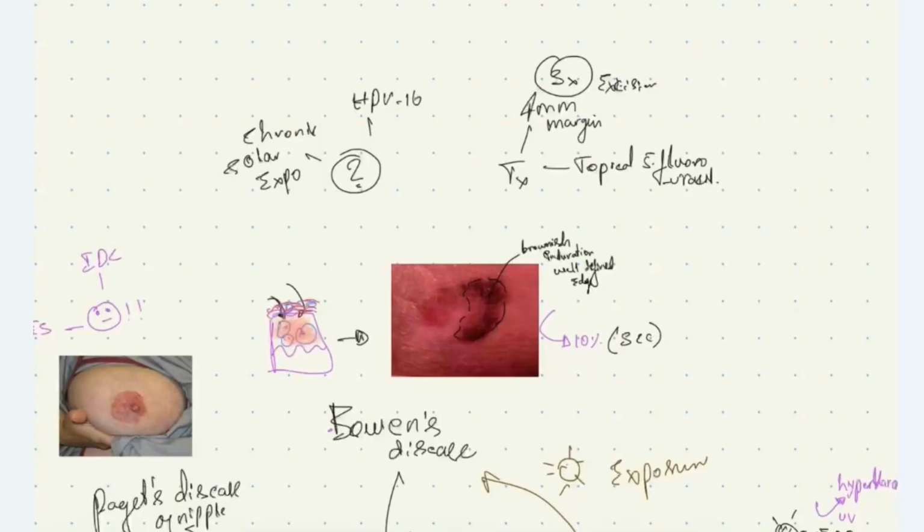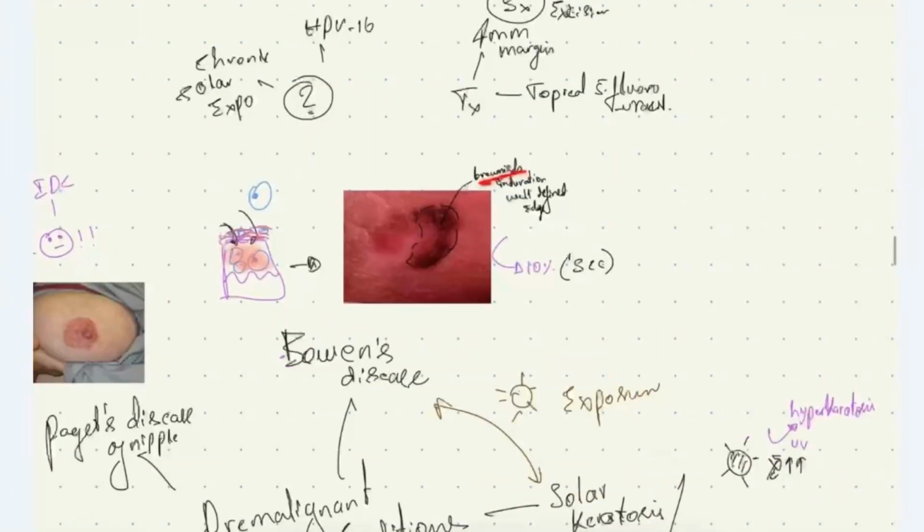Hyperkeratosis is increased thickness of the stratum corneum. Parakeratosis is the presence of nucleated cells within the stratum corneum, which is not usually seen. So Bowen's disease is characterized by large clear cells within the epidermis, hyperkeratosis and parakeratosis, which manifests clinically as a brownish, indurated, well-defined edge lesion.